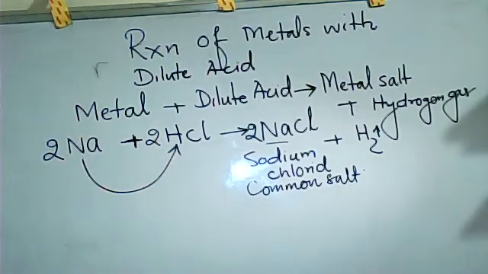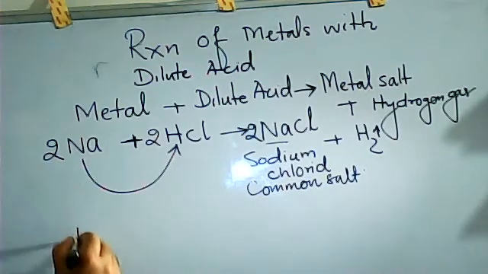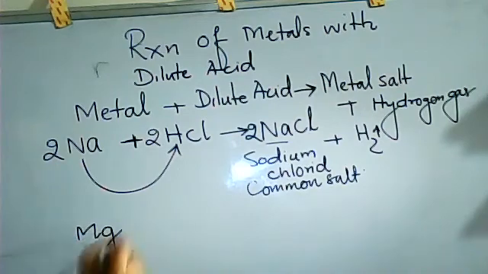Now we will take another example. In this example, we will take another metal which will react with the same dilute acid, that is dilute hydrochloric acid. For example, we'll take magnesium. Okay, dear, magnesium. It's another metal.